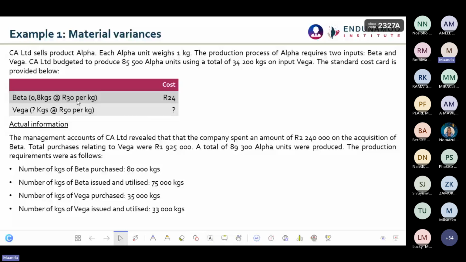Then for Vega, the kgs they didn't give me, they gave me the 50 per kg. But if I divide the 34,200 required here by this, I will get this, and you'll see it on the solution. Then we have the actual information. So I have my standard, I have my actual.